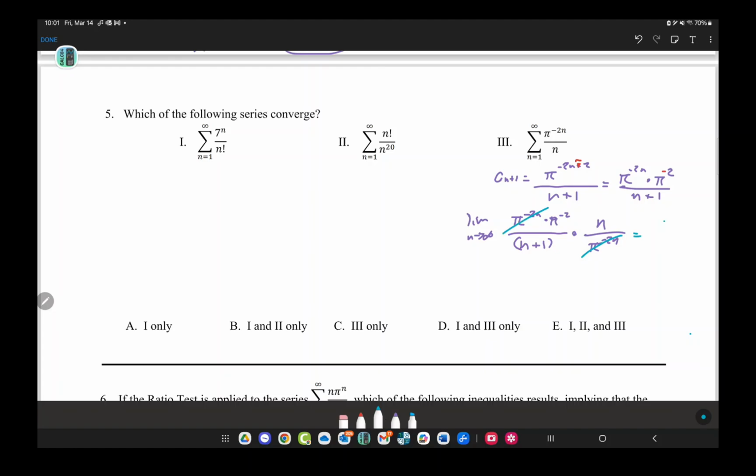We take the limit as n goes to infinity. I'm going to move pi to the bottom. So we have n over pi squared times n plus 1, which just gives you 1 over pi squared, which is less than 1. So this converges.